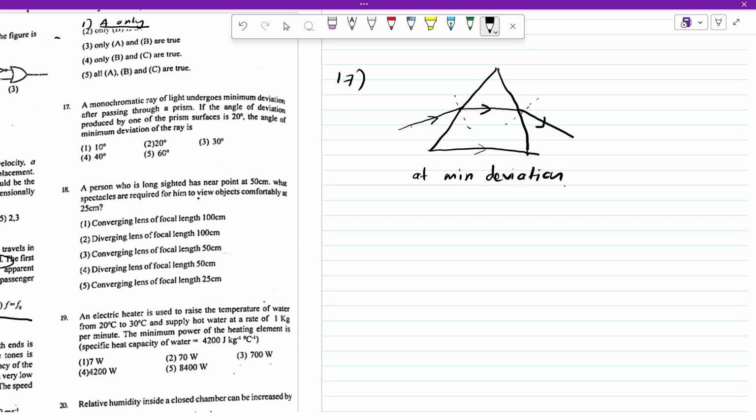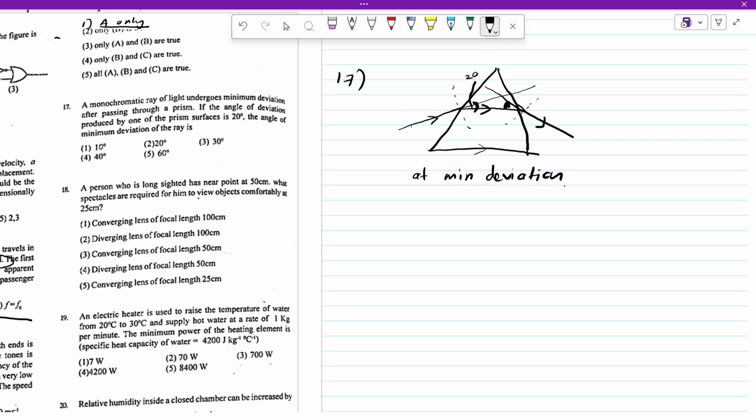In such a case, the deviation at the second surface is also 20. Since the light ray should actually be moving like this, it moves this way. So this is the deviation. Here the deviation is mentioned as 20, hence on the other side also the light ray must pass like this.